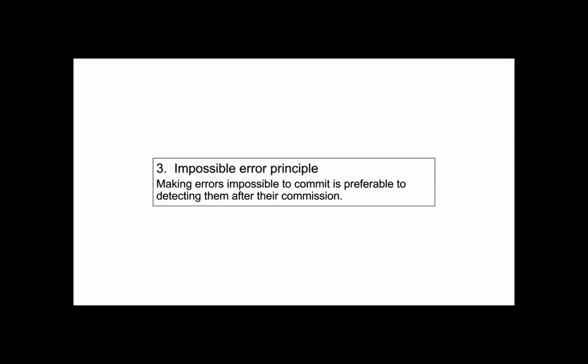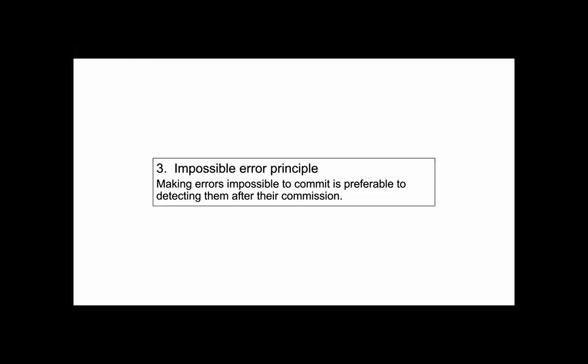Now that brings us to another programming language principle, which is the impossible error principle. What we want to do is make errors impossible to commit, so that it's better to make them impossible to commit rather than trying to detect them after they've been committed. So we're trying to make sure that the errors wouldn't happen.